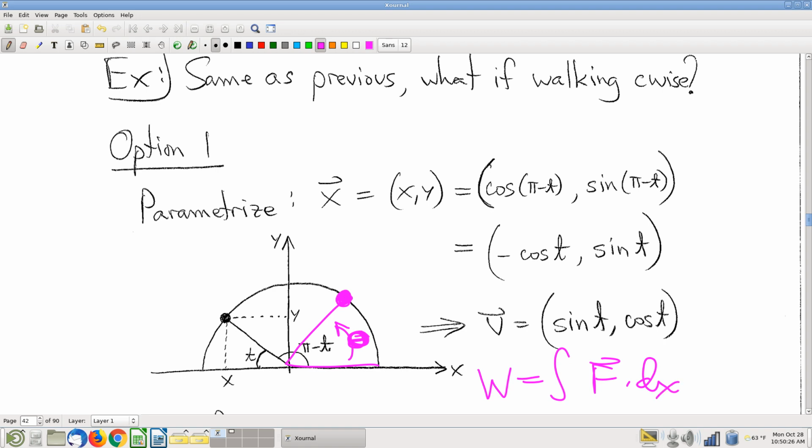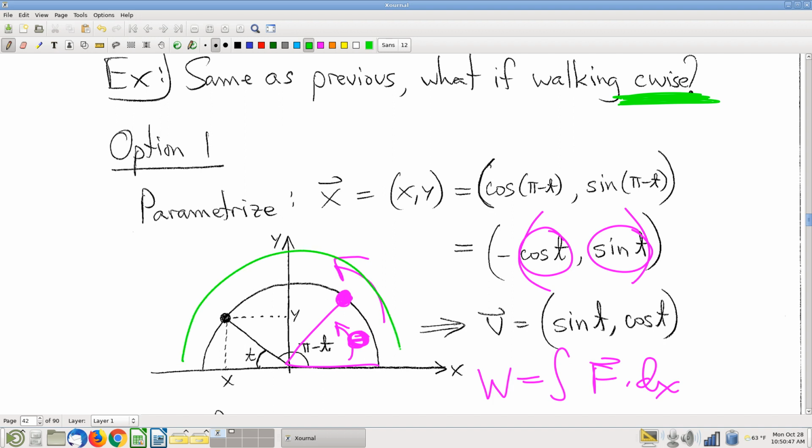And let's see, I'm going counterclockwise. Okay, so I'm going to make it go counterclockwise by picking the counterclockwise parameterization. I'm going to make it clockwise by going instead from t equals pi to t equals 0.